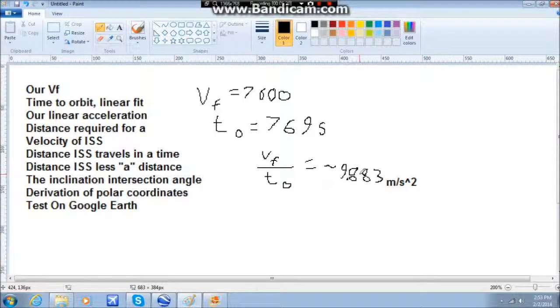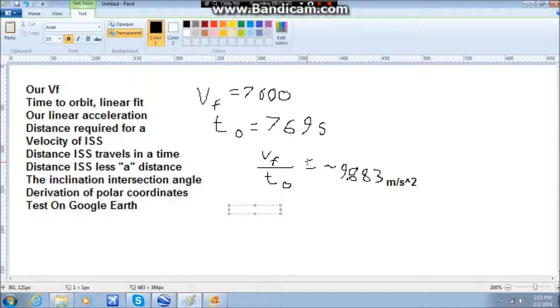So now that we have this acceleration, we can use the distance equation to find where our final position will be when we reach orbit. So we're going to use the formula d equals 1/2 at squared.